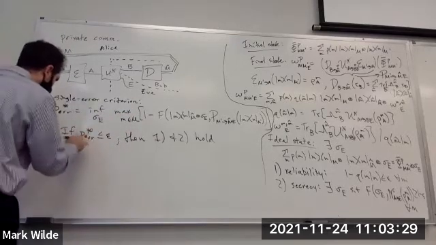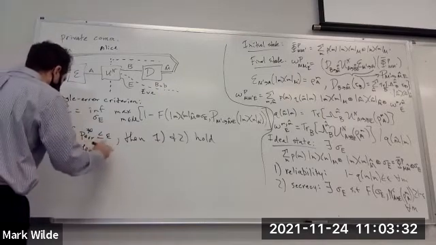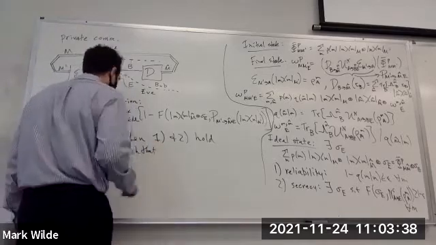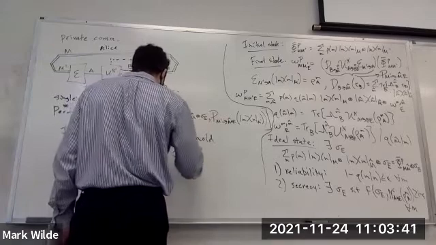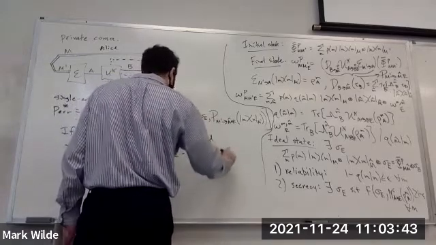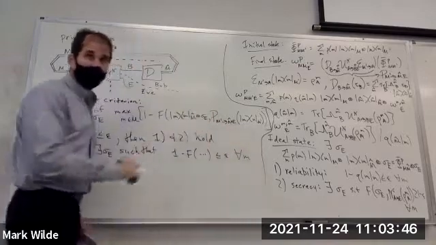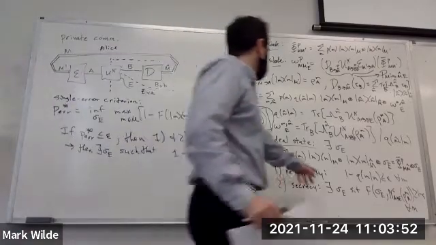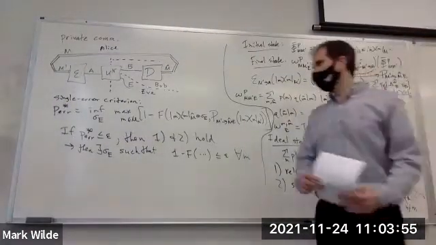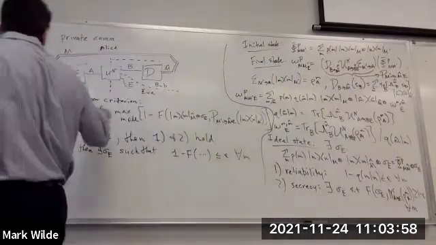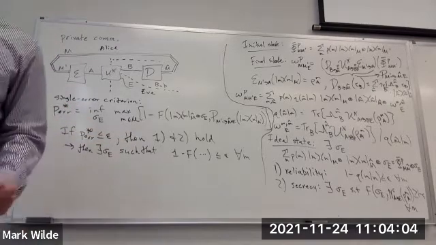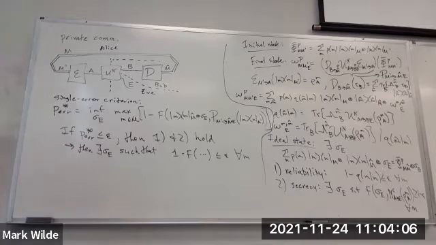If this holds, then there exists a state sigma E such that this 1 minus fidelity, this whole thing, is less than epsilon for all messages, and then it'll imply this 2. Okay, so it's helpful to have this one in order to get strong converses. That's why we introduced it. It was easier to do so.